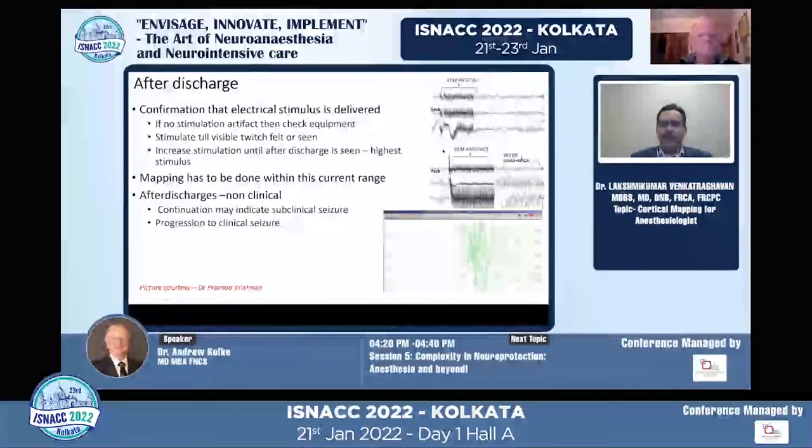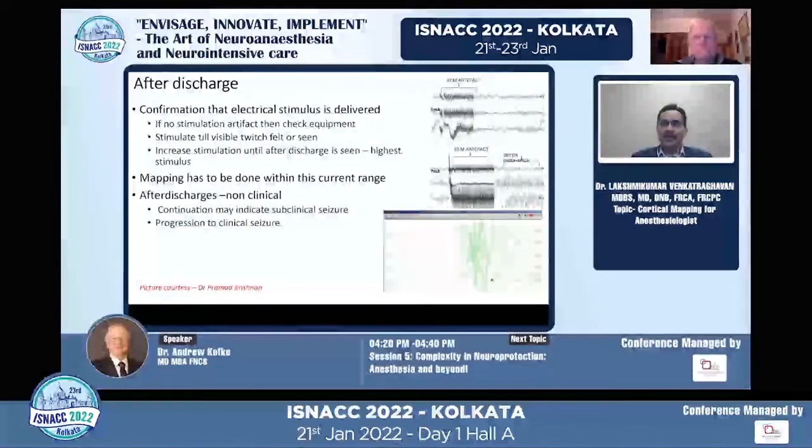Usually the after discharges don't have any clinical implications, but continuation of after discharges may indicate a subclinical seizure, and also a progression to a clinical seizure, so that you can identify the onset of seizure earlier and treat it sooner.